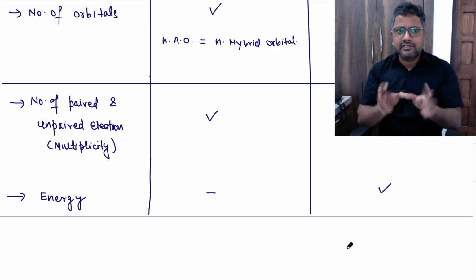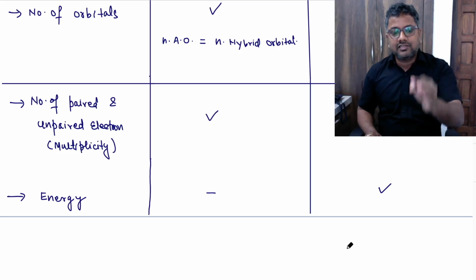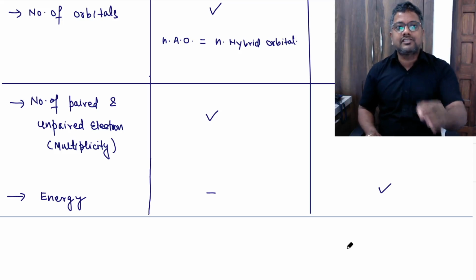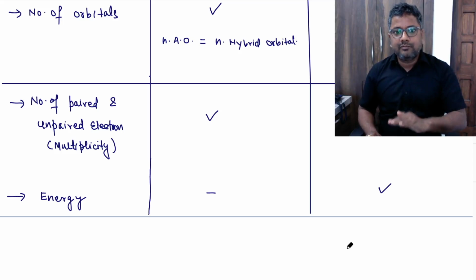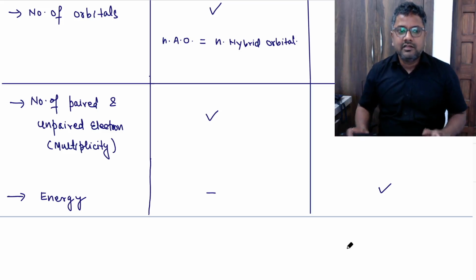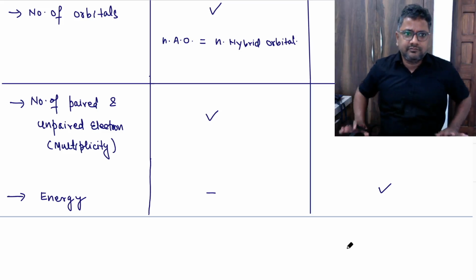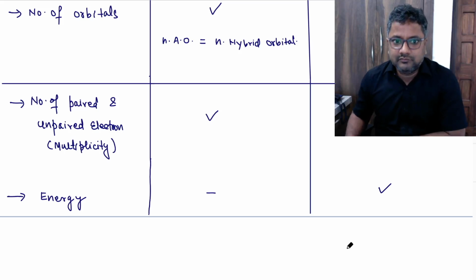Total energy is conserved, but I am not talking about the total energy. I am talking about the energy of the hybrid orbital and the energy of the atomic orbital. If you compare them, both are different, means not conserved. Total energy of the system, meaning the whole molecule, is conserved, there is no change.